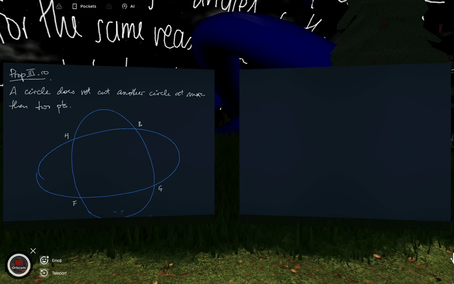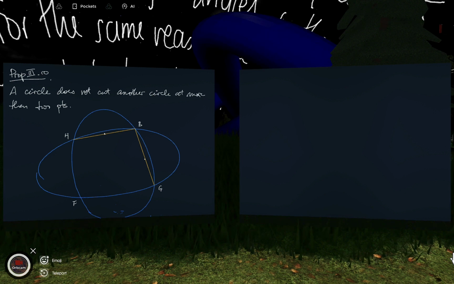These lines are just going to be the ones that connect these points. You don't have to connect all of them up, just some of them. So I'm going to connect B and H like this, and B and G like this. The construction we're going to make here is to bisect these lines. So we're going to put a point on these lines, which is the midpoint; a previous proposition allows us to do this.